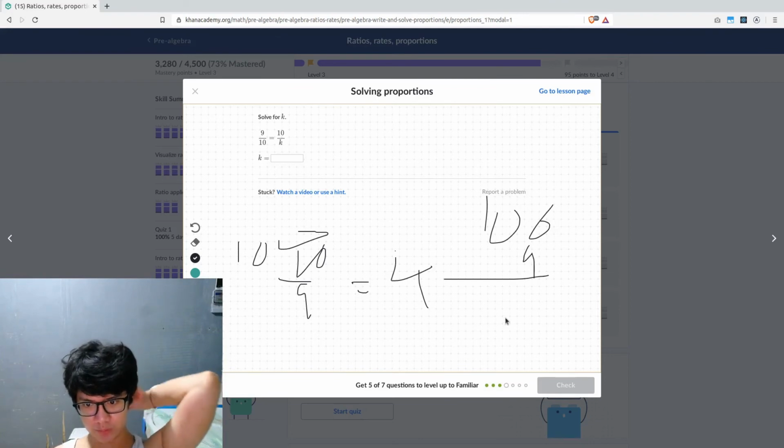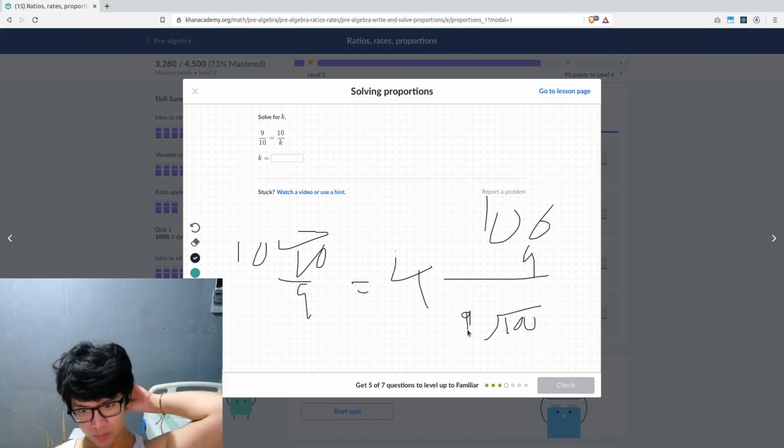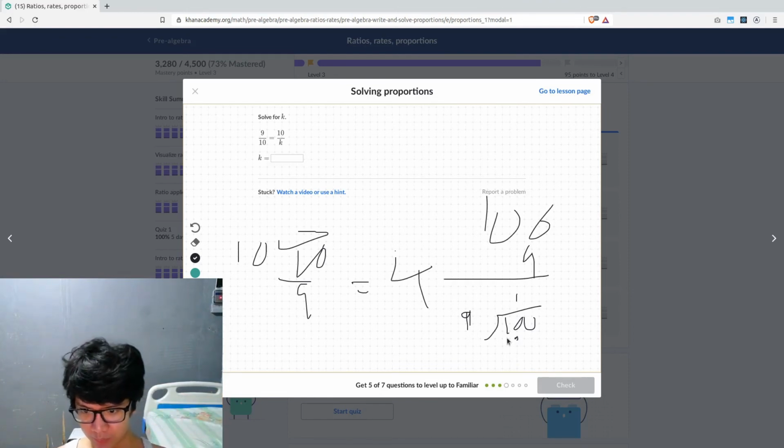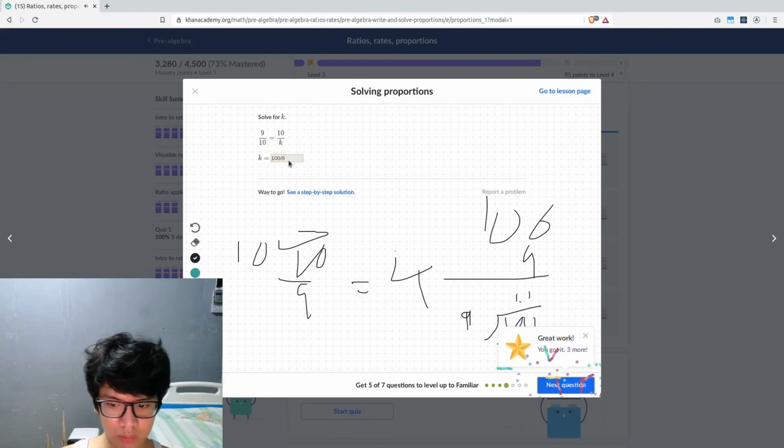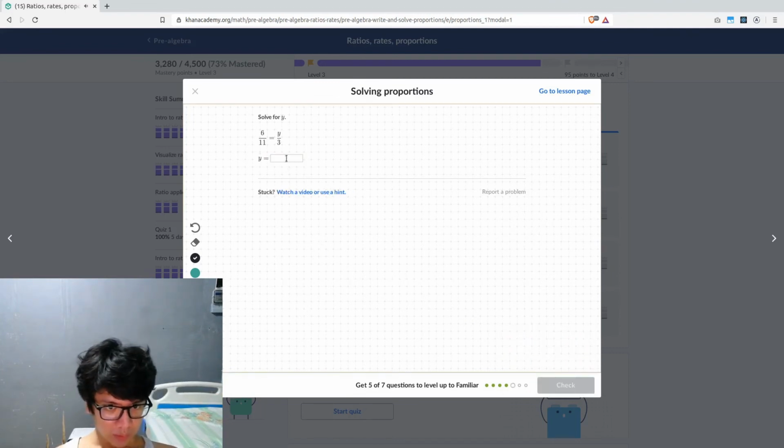What's 100 divided by 9? Let's see. 1 times 9, 10, and then 1 times... just 100 divided by 9. Okay. So we have 18.